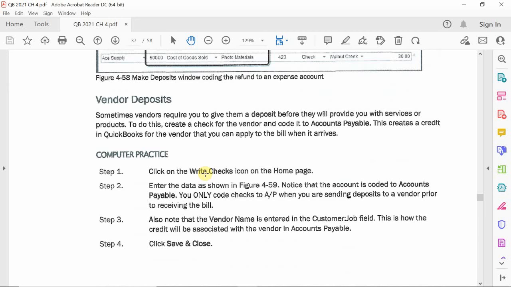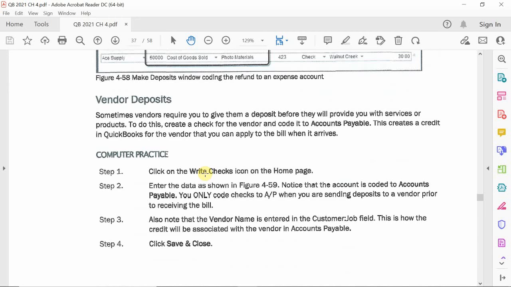We call these vendor deposits. If you are trying to buy something, they tell you, we need you to give me a down payment, so if you do end up backing out last minute, we don't take a huge loss for it. We at least got 50% of the money, even though you backed out on it.